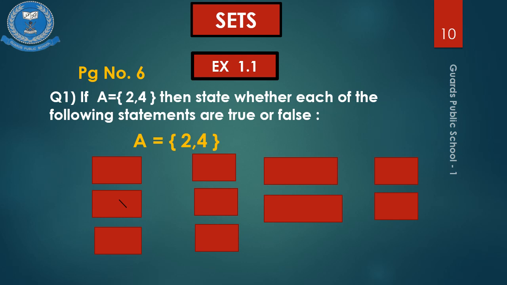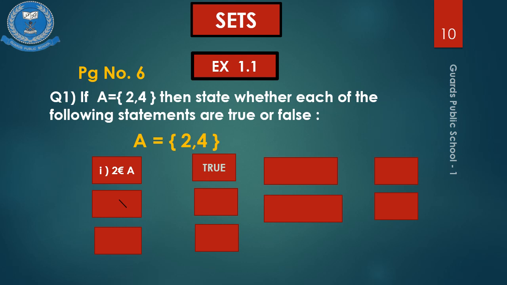Now look at part 1. 2 belongs to A. Look above. Set A has two elements, 2 and 4. So 2 is an element of A, and here it is written 2 belongs to A. So this statement is true and we will write true.